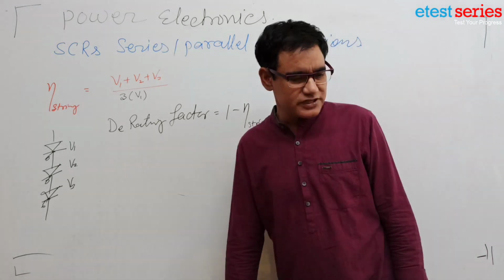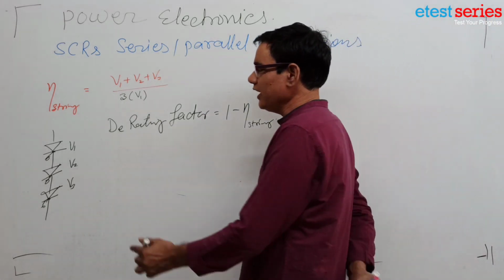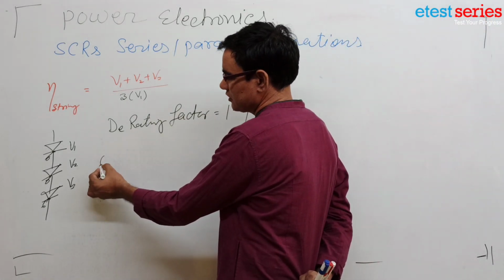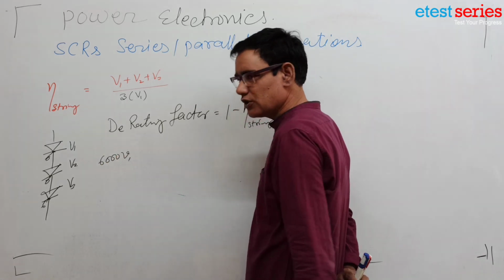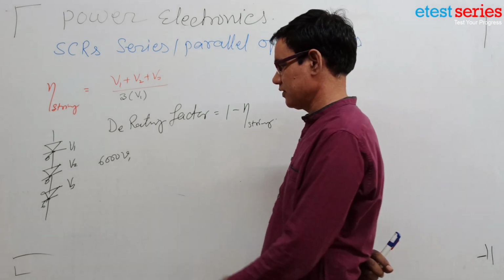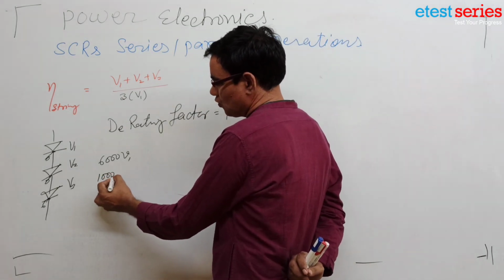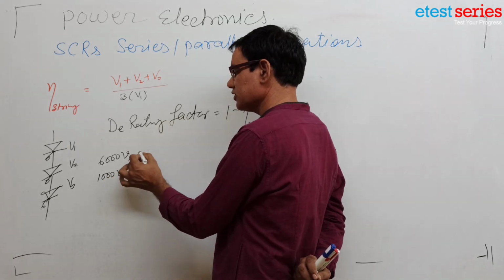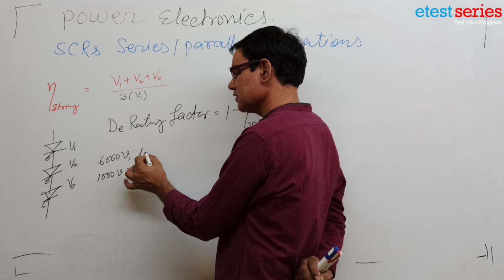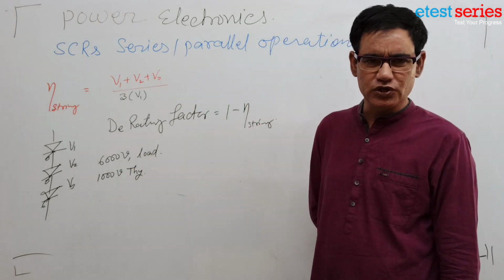Suppose we take an example. We have a voltage of 6000 volt and 1000 volt thyristors. 6000 is the source voltage or load voltage, and 1000 is the thyristor voltage.